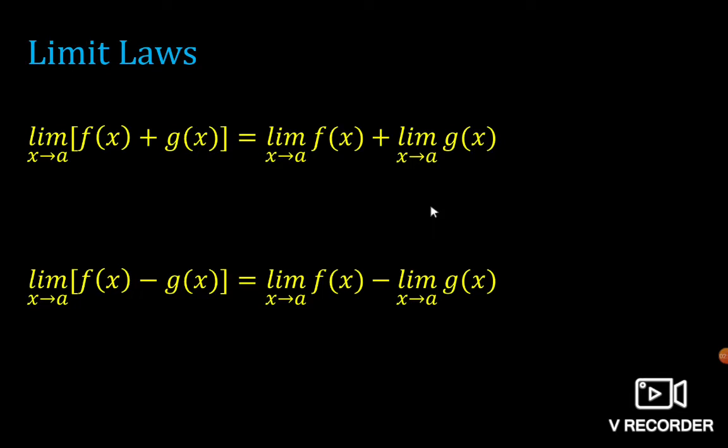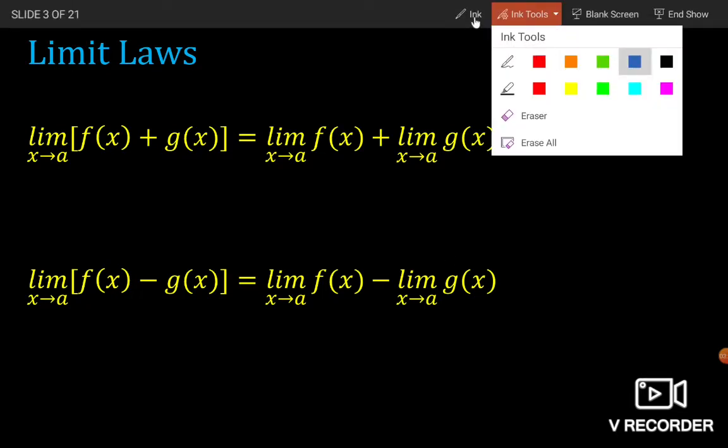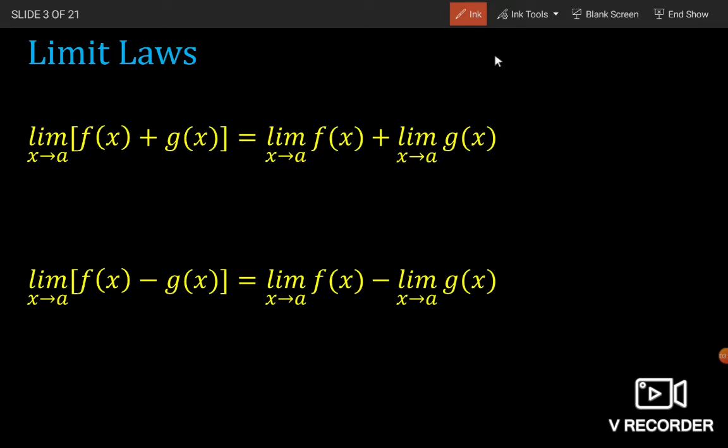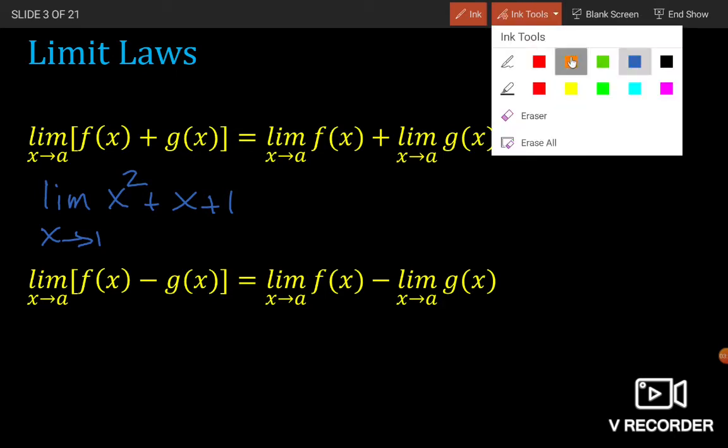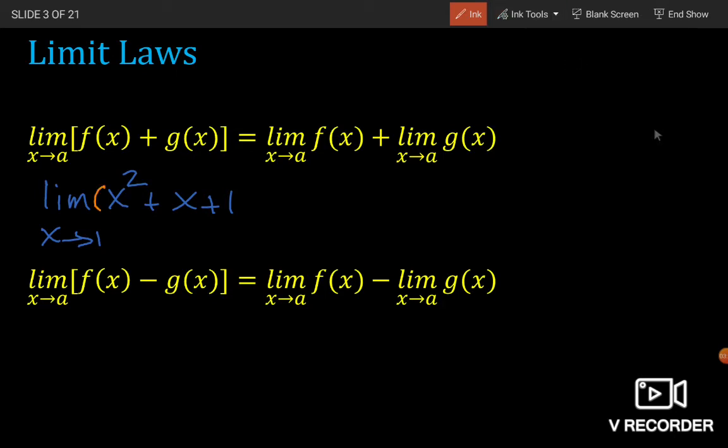So to illustrate, let's say we have a limit of x squared plus x plus 1 as x approaches 1, for example. What we can do here is we can treat x squared as f of x, and we can treat x plus 1 as g of x.